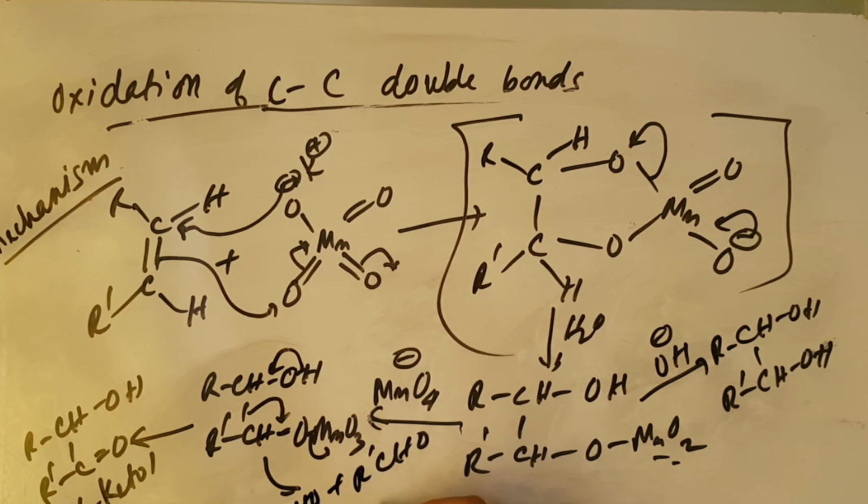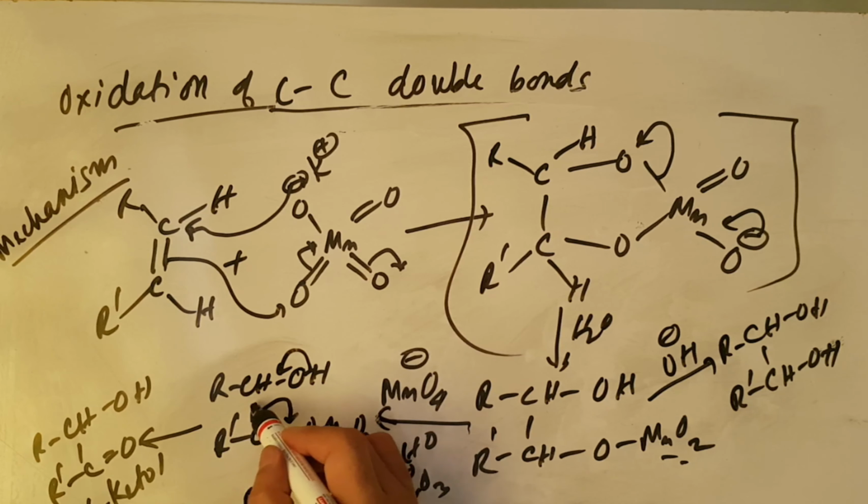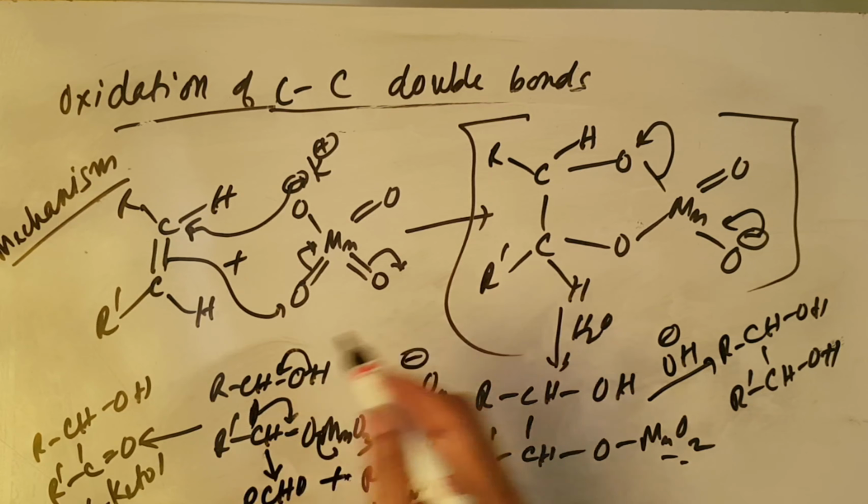So broken down, and then you get the MnO3 negative charge, which can be hydrolyzed together like aldehydes. So we got RCHO plus R prime CHO and MnO3. So this way the breakdown takes place. The double bond is broken.